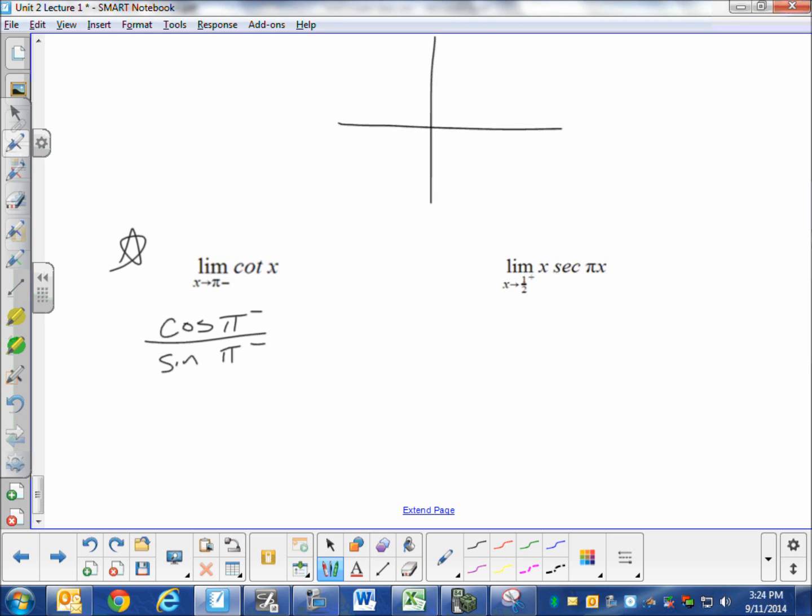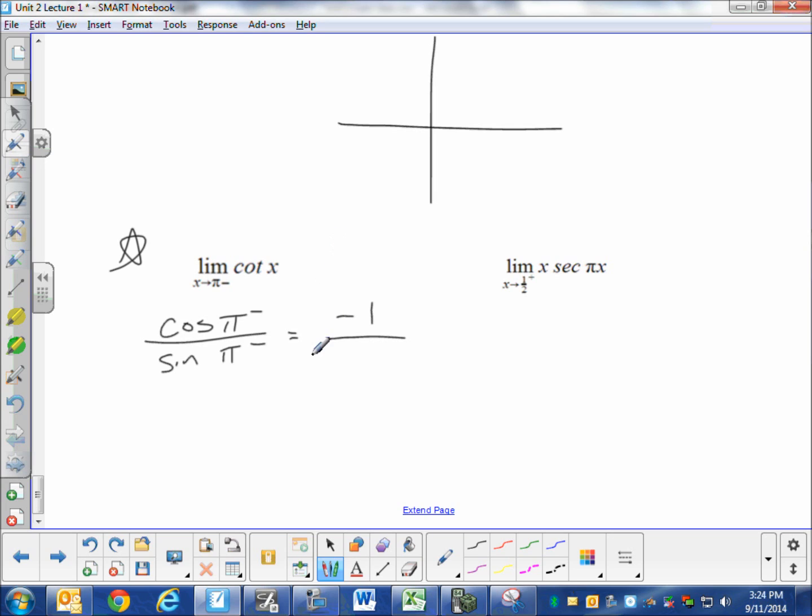Okay. What do I have on the top and what do I have on the bottom? That's okay. Top is important too. So let's walk through it. Cosine of pi. Cosine's the horizontals. Over here, -1, good.